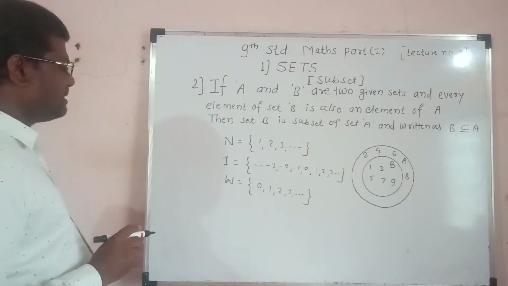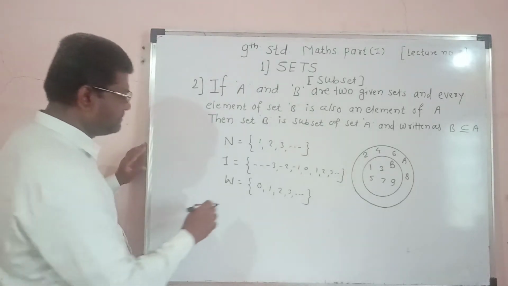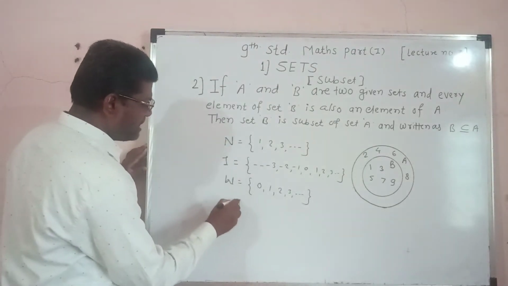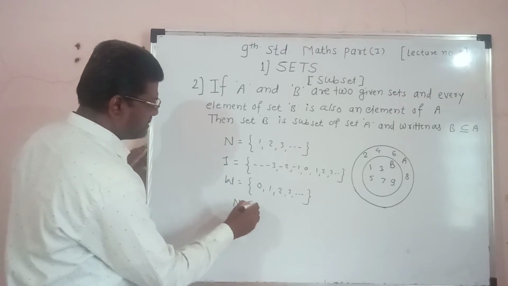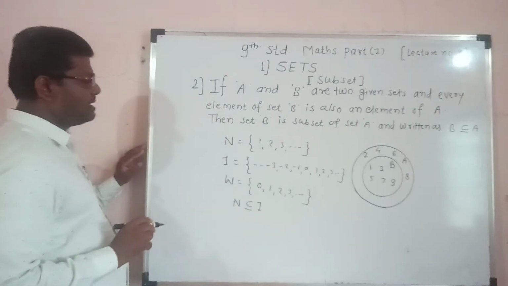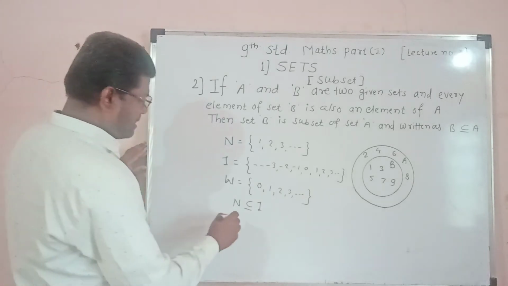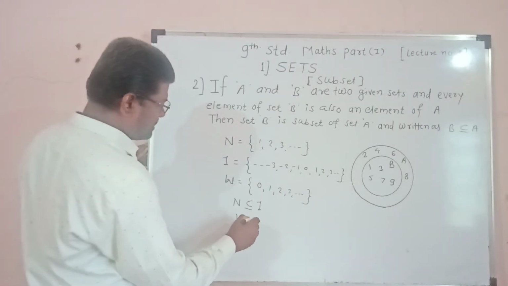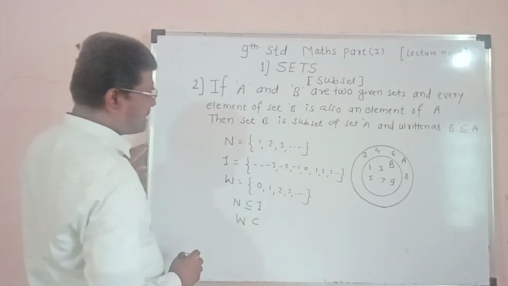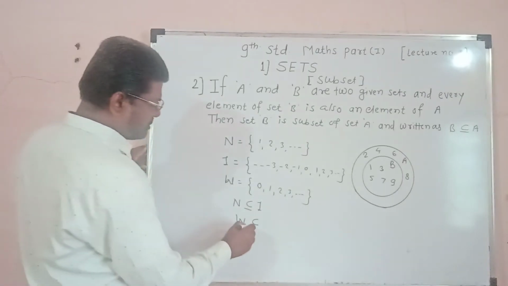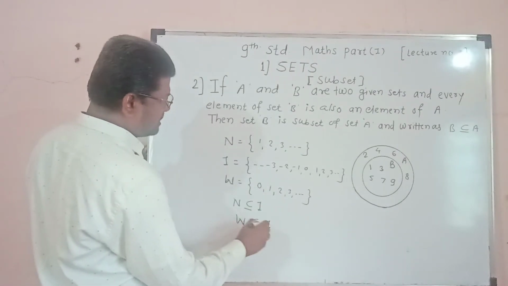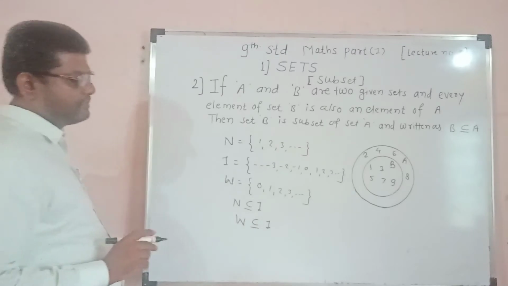From this, it is clear that the natural number set is a subset of the integer set. The whole number set is also a subset of the integer set.